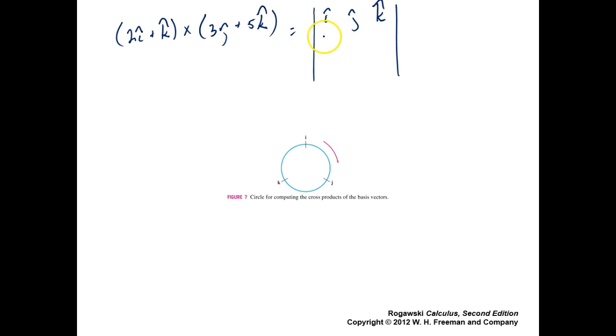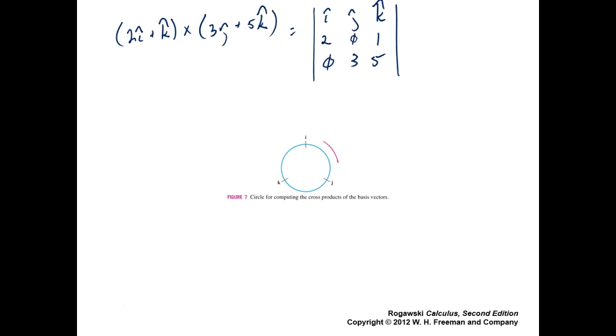And what would that be? 2, 0, 1. Exactly. And the second vector, which will be the third row, 0, 3, 5. Okay?